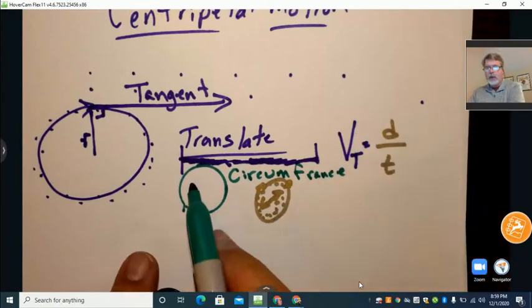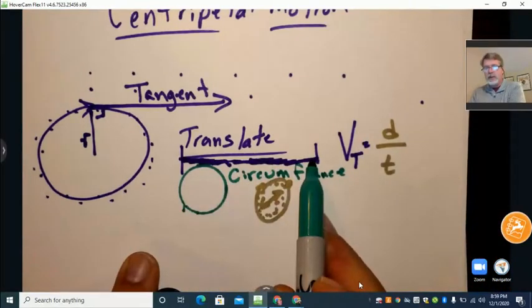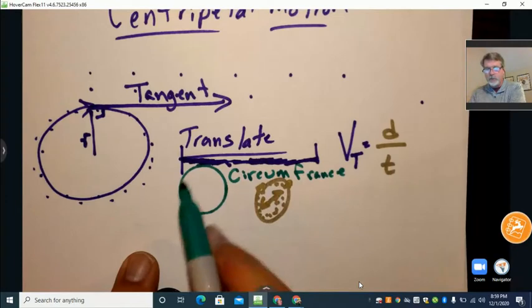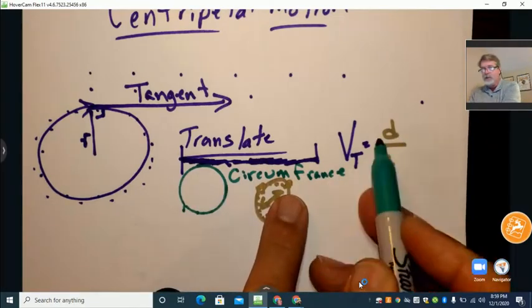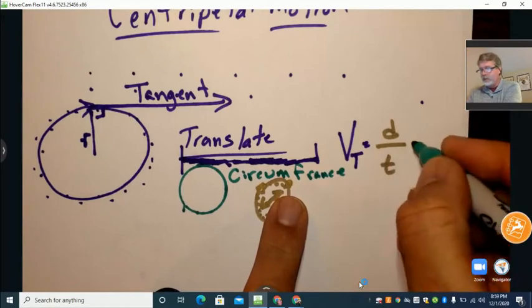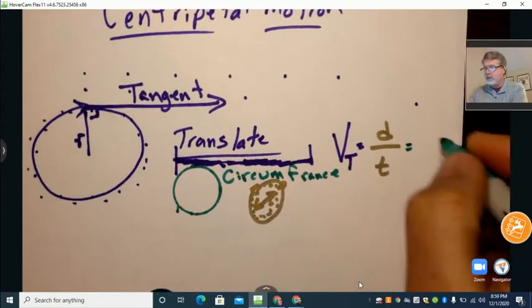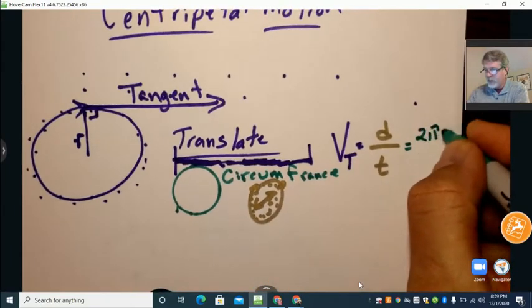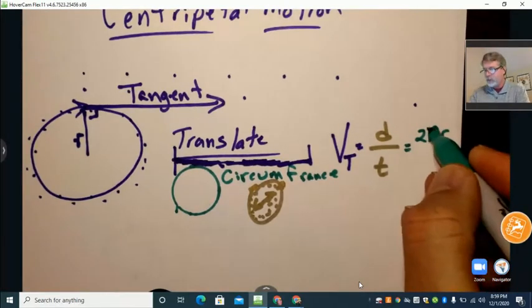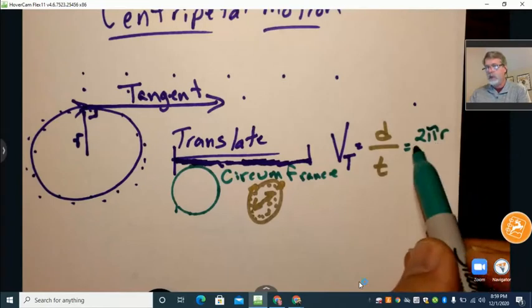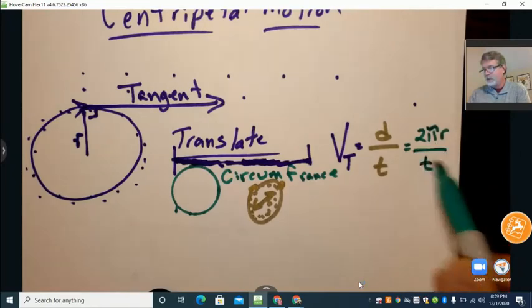So when it has one rotation, it translates the circumference of the object. So the distance the object travels is the circumference, which is 2 pi r, where r is the radius of the object, divided by the time it takes to do that.